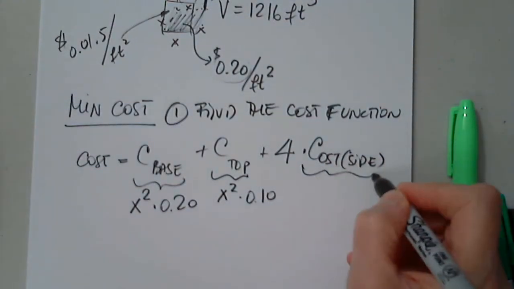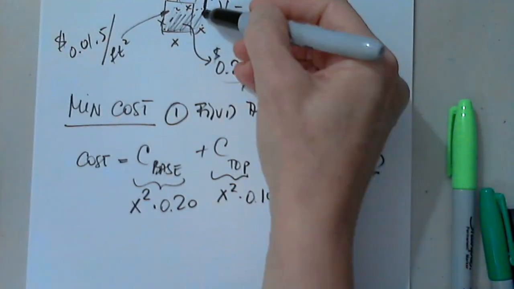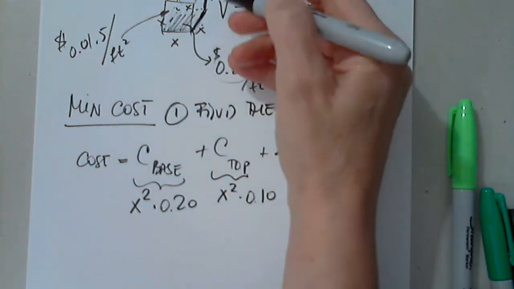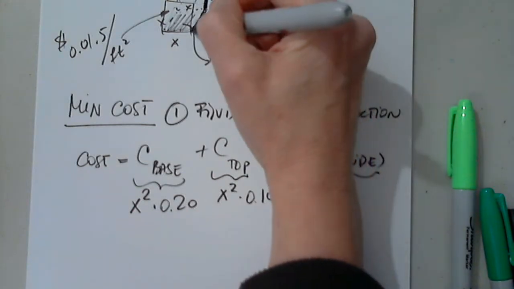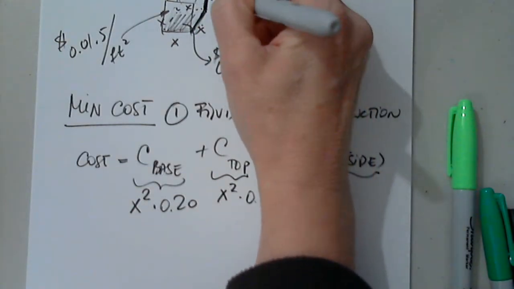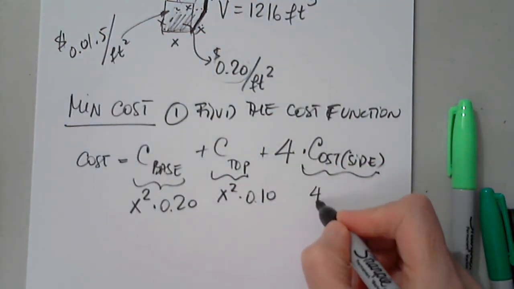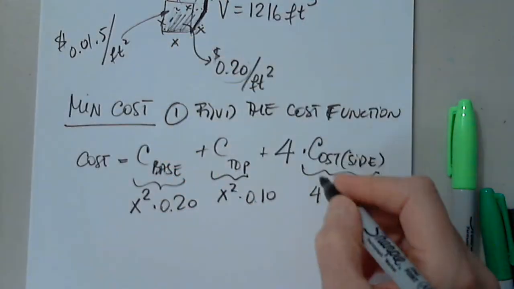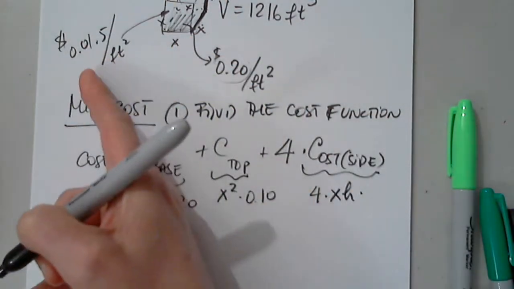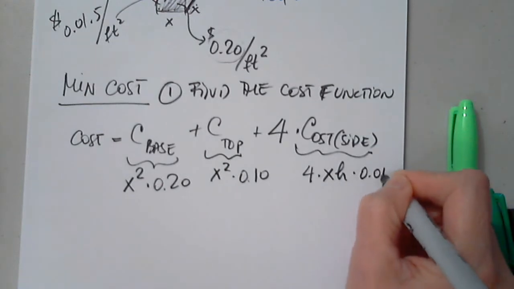Now the cost for the side. The side is x times height, right? Base times height, x times h, times 4. So 4 times base times height times the cost, which is 0.015.